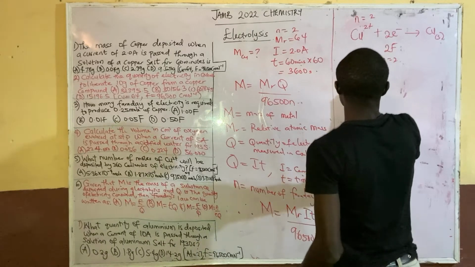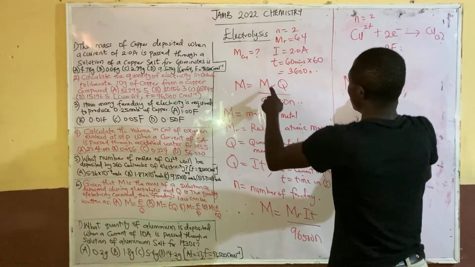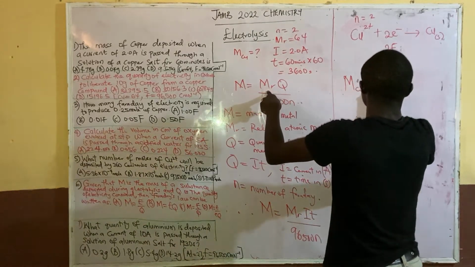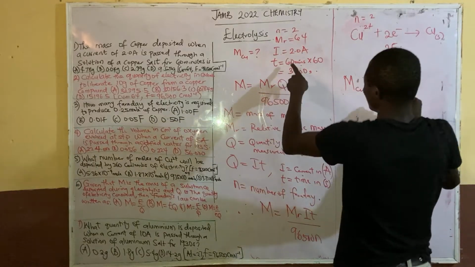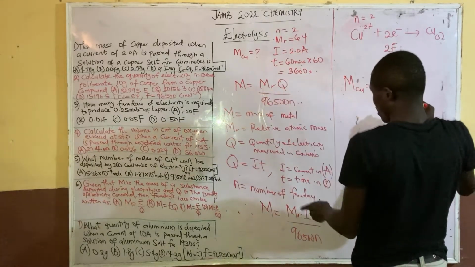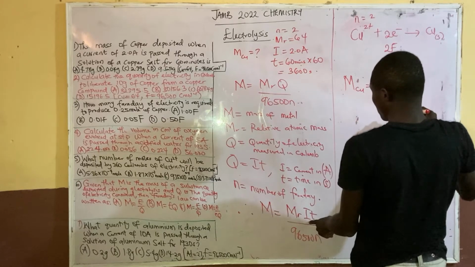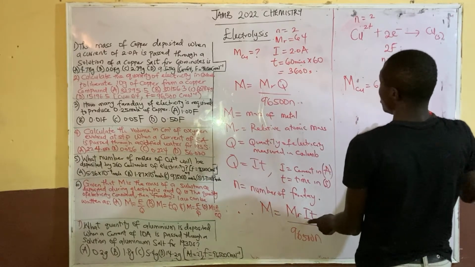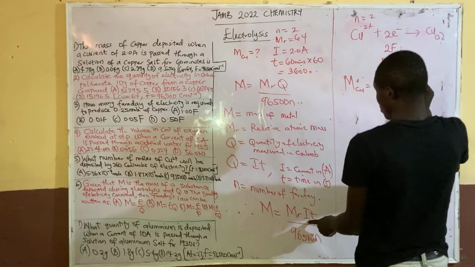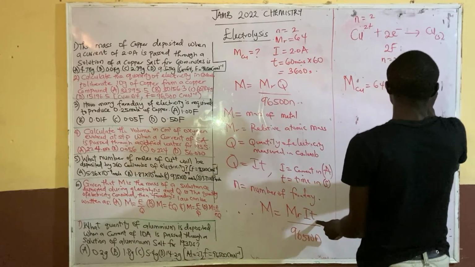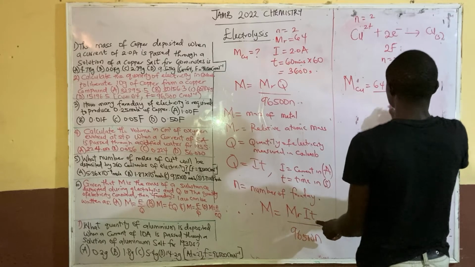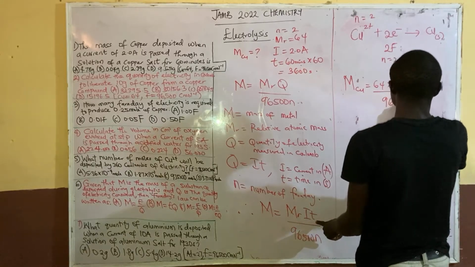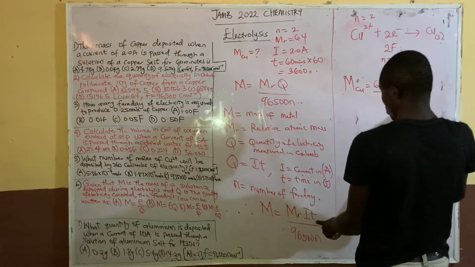So the mass of copper is equal to Mr, which is 64, multiplied by I, which is 2, times T, which is 3,600, all over 96,500 times 2, since N is 2.